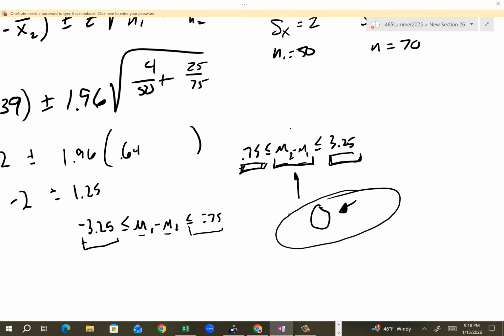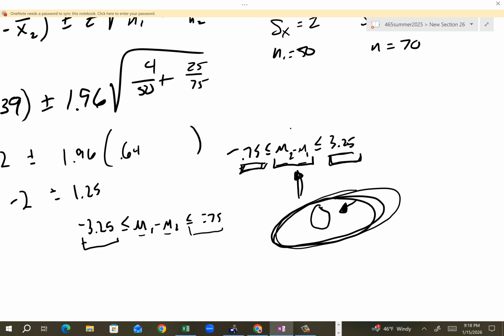In other words, if this was -0.75 to positive 3.25, 0 would lie in here within that difference. What would that say? That there's literally no difference.